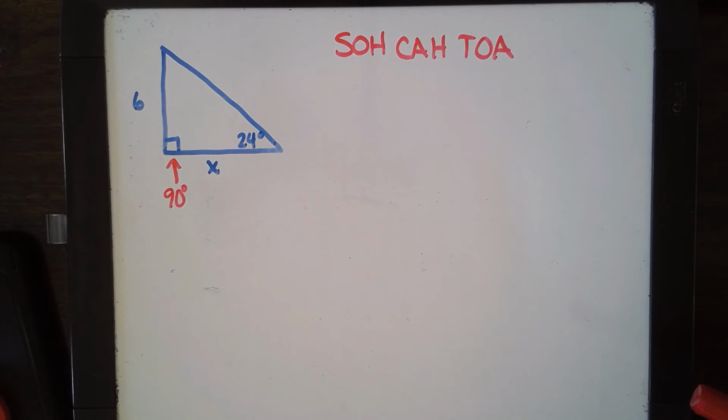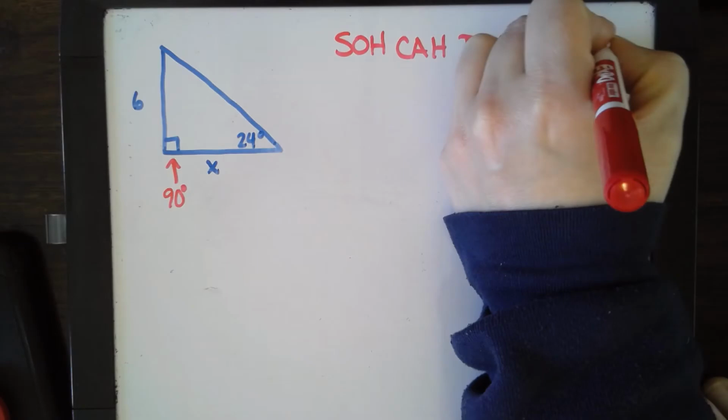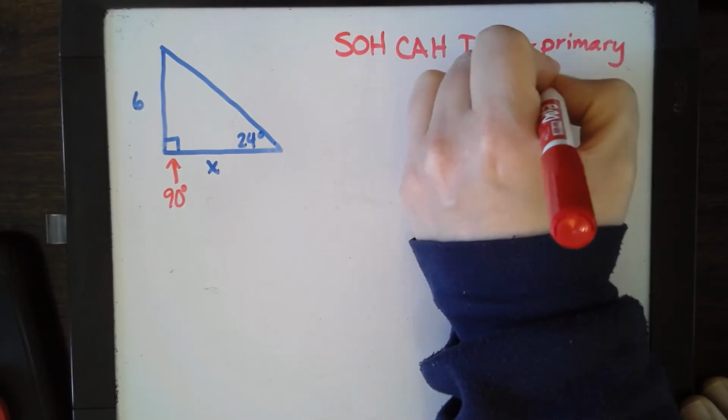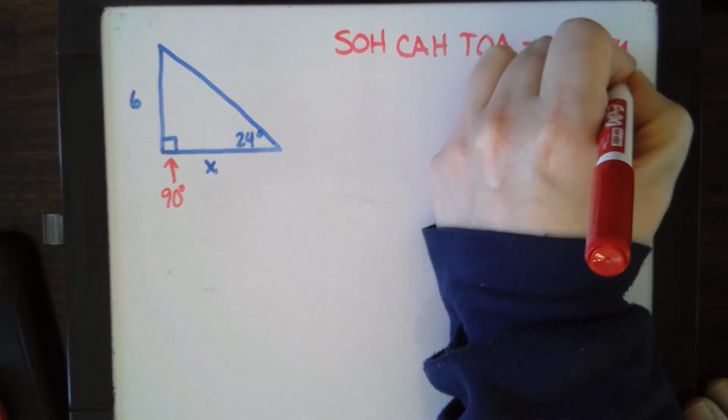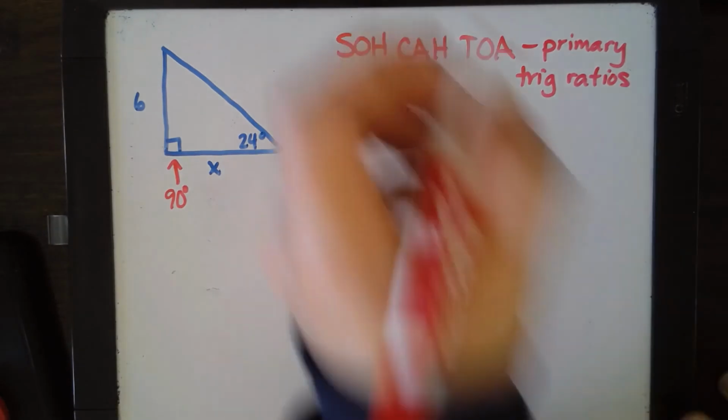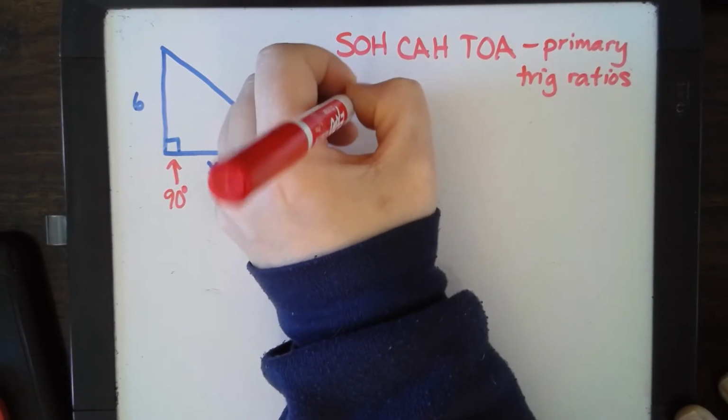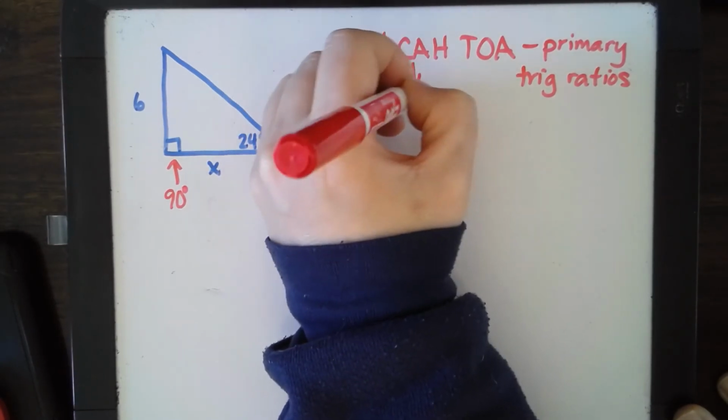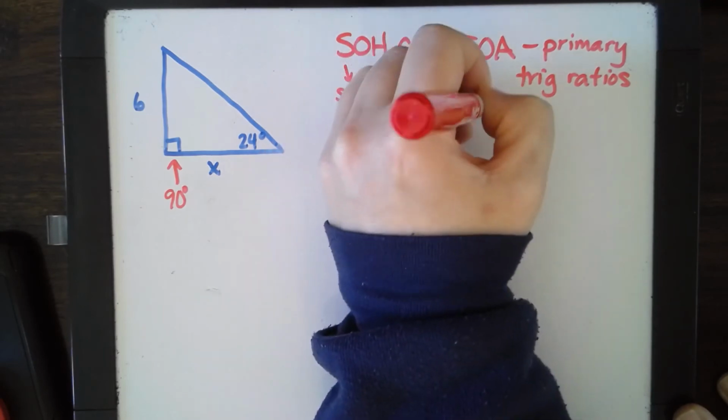We know that that means 90 degrees. So we know that we can use trig ratios. Okay, so these are our primary, and this is sine, this is cosine, and this is tangent.